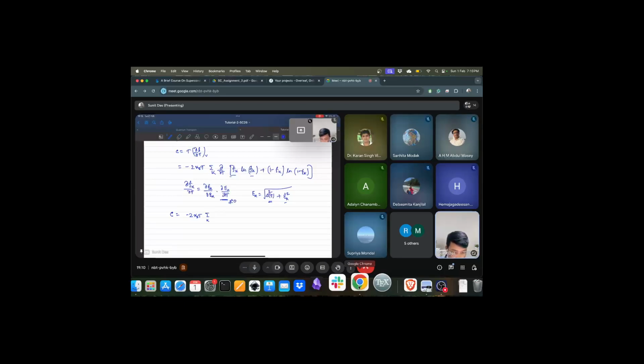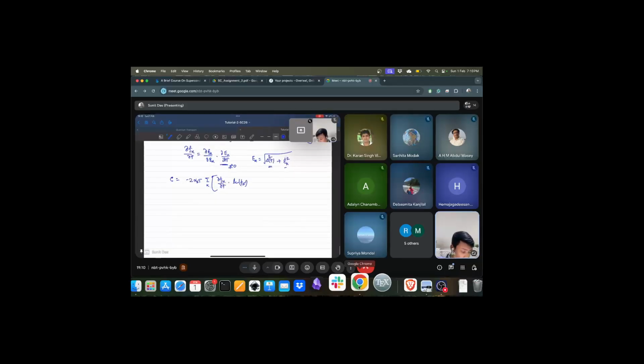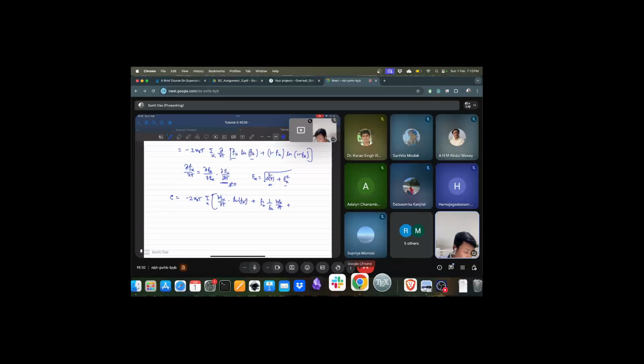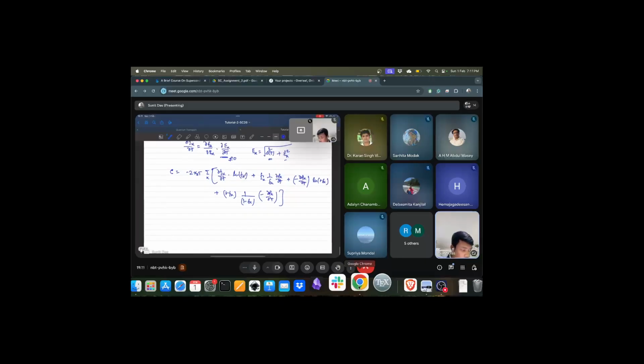If you solve the first part, we get ln f_k plus f_k ∂/∂T of ln f_k, which means 1 by f_k ∂f_k/∂T, plus minus ∂f_k/∂T ln of 1 minus f_k plus 1 minus f_k times 1 by 1 minus f_k and then minus ∂f_k/∂T. So there is some cancellation.